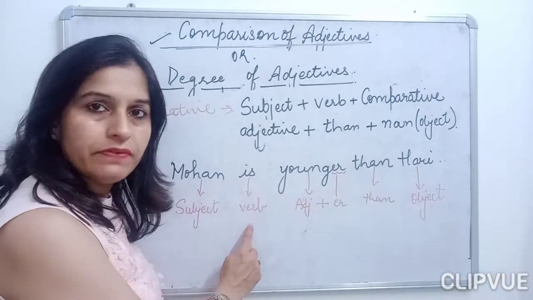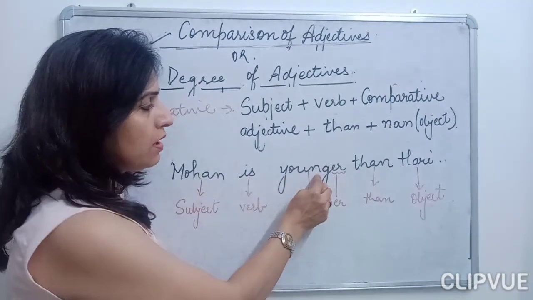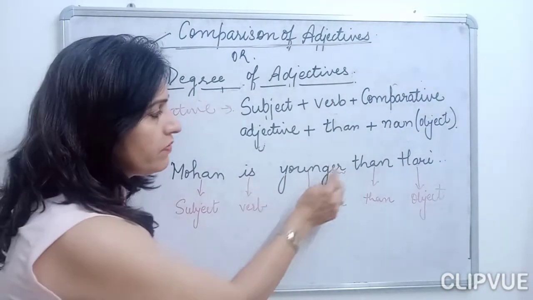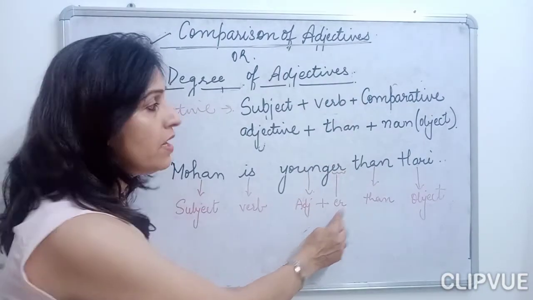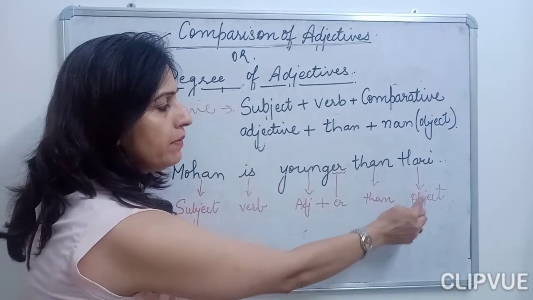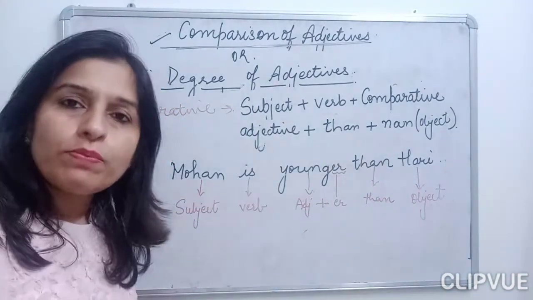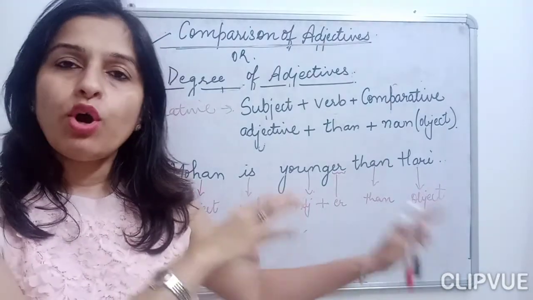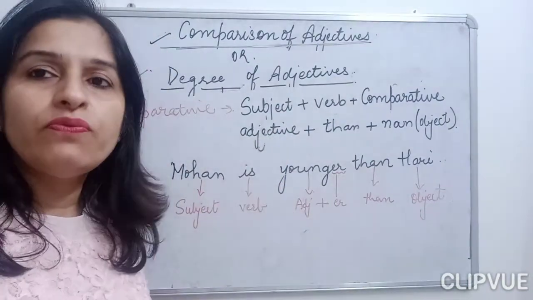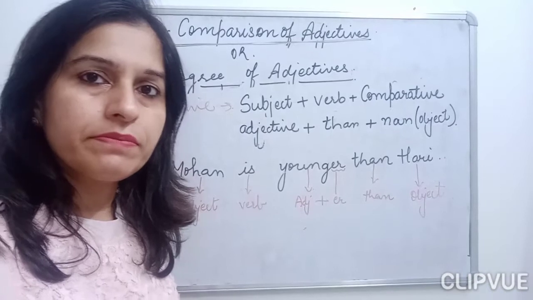Is my helping verb here. Young, okay, is my adjective. Er I have added to make it comparative. Okay, than and Hari is my object. Means मोहन का इफेक्ट किस पे जा रहा है? हरी पे, ऑब्जेक्ट पे. So this is the rule for the comparative degree.